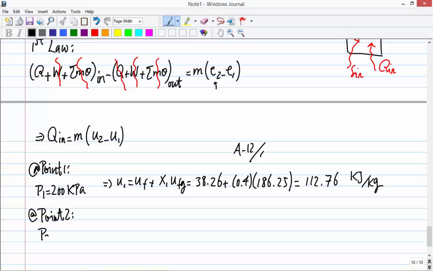And likewise at point 2, P2 was 400. So again, you go back to that table, A12. Now U2 would be UF plus the second mixture.